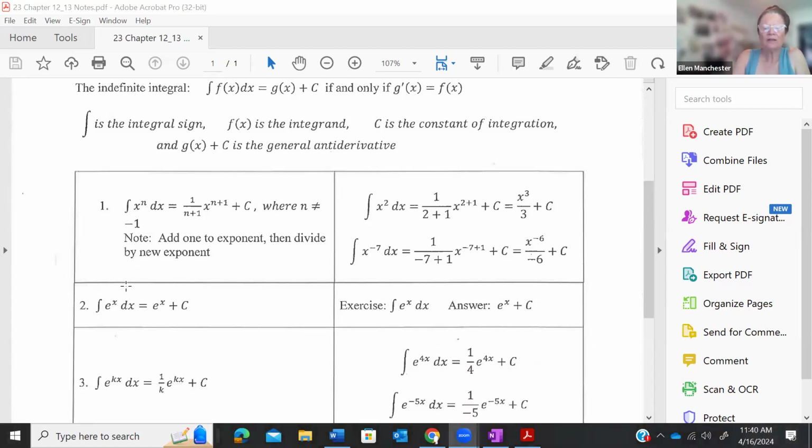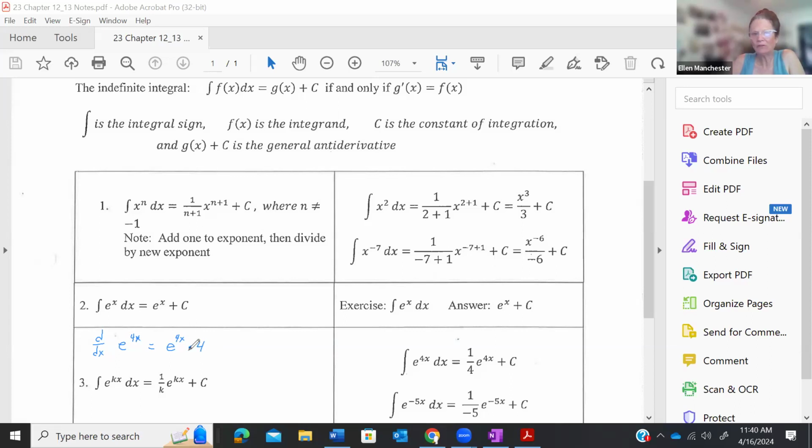Then the next one is, remember you had e raised to a function. When we were finding the derivative of that, if I asked you to find the derivative of, say, e to the 4x, the way we did this was like that chain rule, right? E to the x is e to the x times the derivative of the function.